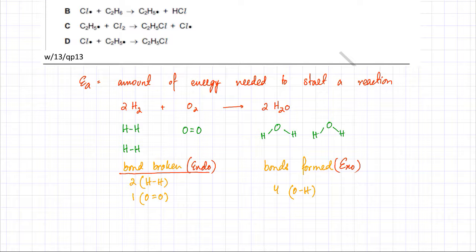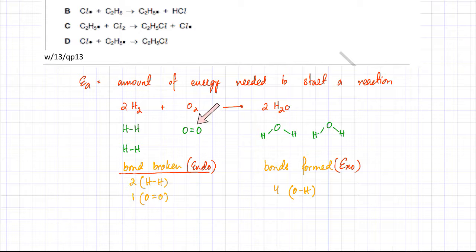This is the energy needed to break the old bonds. If a reaction requires a lot of energy to break the old bonds, then it has a very high activation energy. If it requires very little energy to break them, then it has very low activation energy, and that reaction would be faster, because it's very easy to break the bonds.